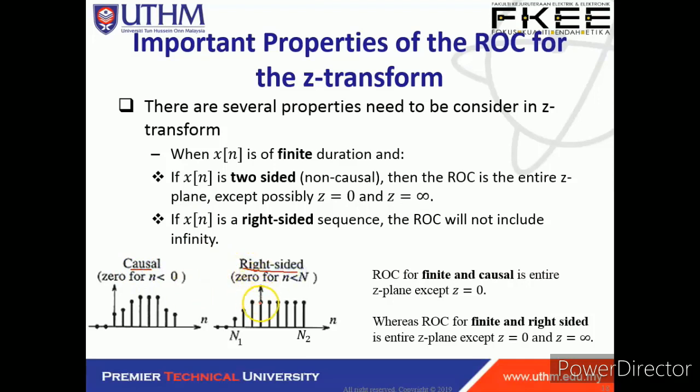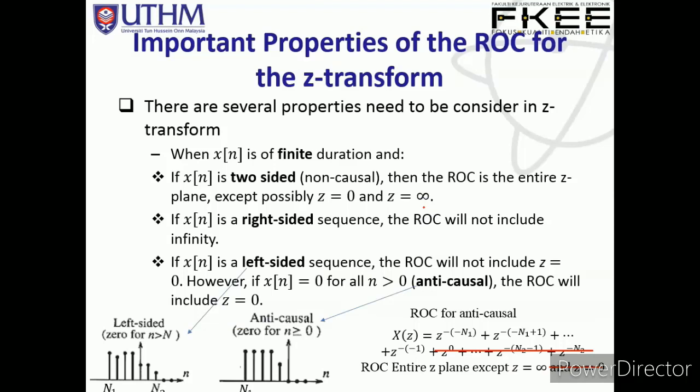As we can see here, for the right-sided signal, there are many signals at the right side, and we also have values at the negative range of n. So actually this right-sided signal is also in the group of two-sided signals. That's why the ROC is the entire z-plane except z equals 0 and z equals infinity.